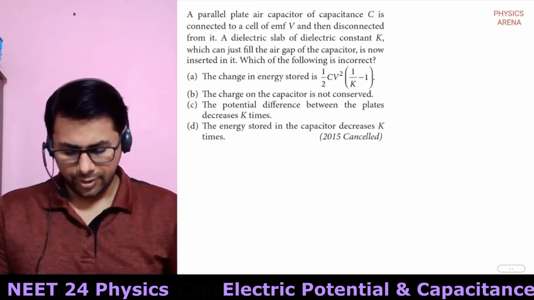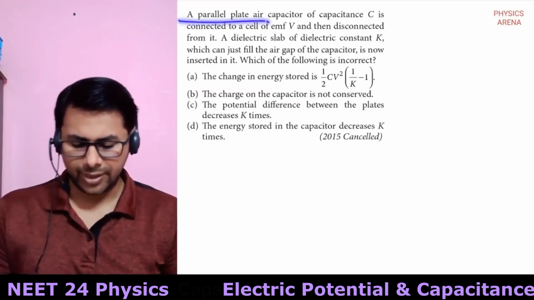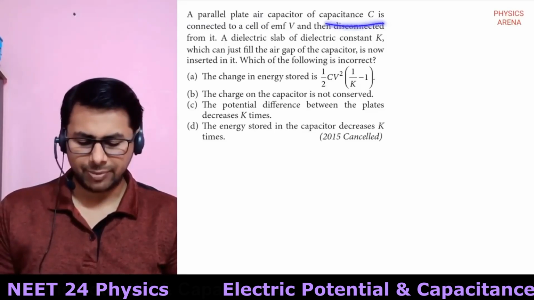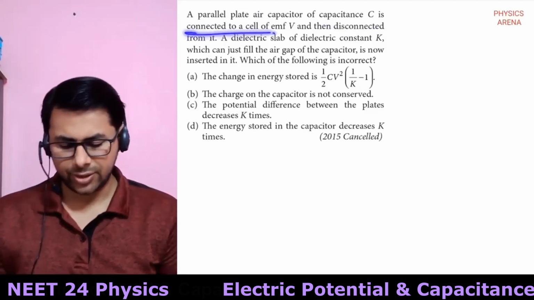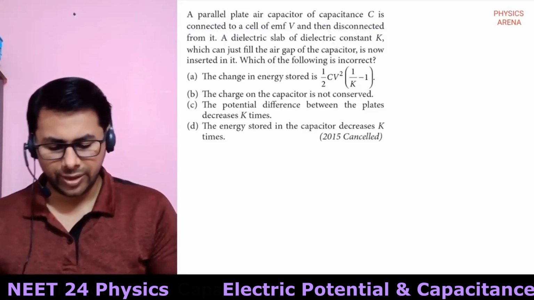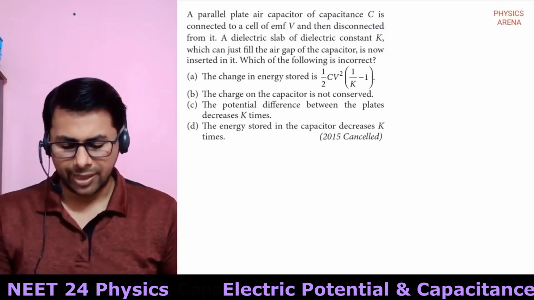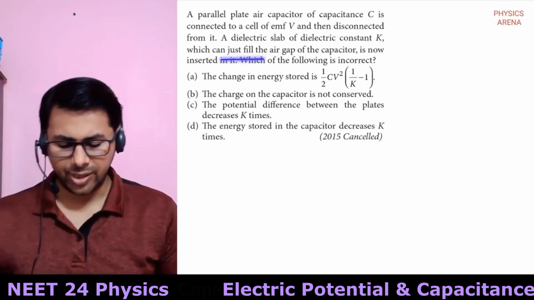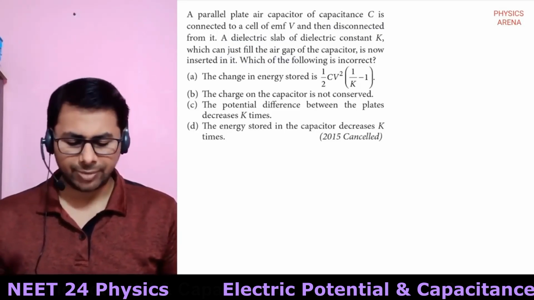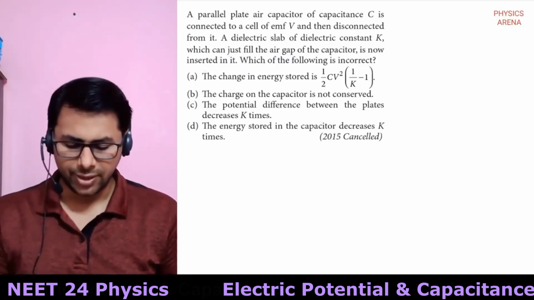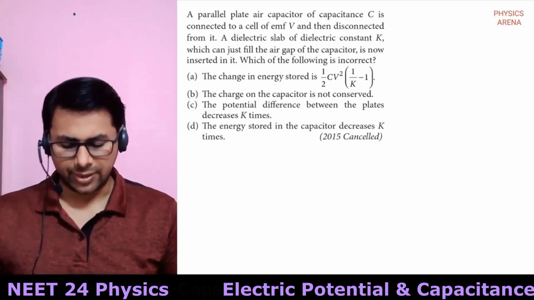Okay. Next one, a parallel plate air capacitor of capacitance C is connected to a cell of EMF V and disconnected from it. A dielectric slab of dielectric constant K, which can just fill the air gap of the capacitor, is now inserted in it. Which of the following is incorrect?